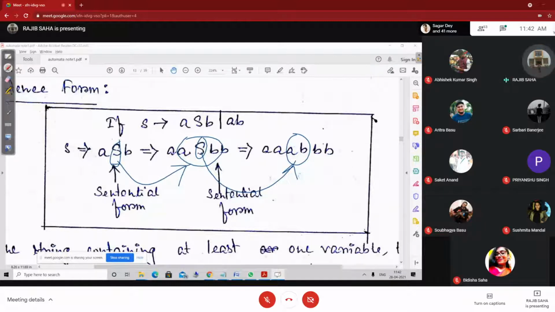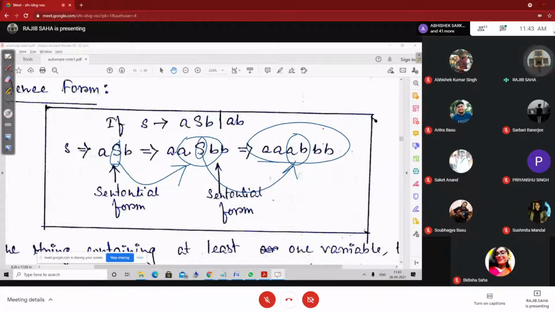Now the last form is basically called a sentence, where we have only the terminals. But the intermediate forms we call a sentential form. A sentential form is basically a combination of variables and terminals where at least one variable is present.